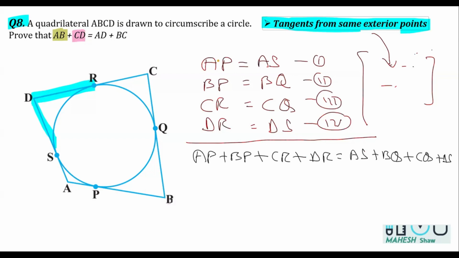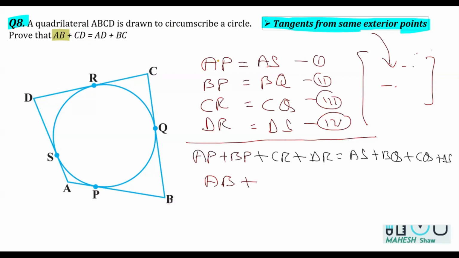Now check, we need AB. So how can we get from here? As you can see, we need AB. So AB can be obtained as AP plus BP. So this is AP and BP. Yes, they are together. So I can write this, right? I can write AP plus BP can be written as AB.